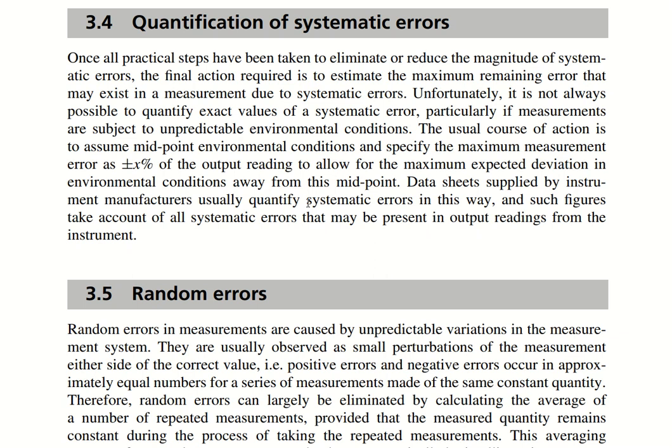So the usual course of action is to assume a midpoint environmental condition and specify the maximum measurement error as plus or minus x% of the output reading, to allow for the maximum expected deviation in the environmental conditions away from the midpoint. The data sheets supplied by instrument manufacturers usually quantify the systematic errors in this way, and such figures take account of all the systematic errors that may be present in the output readings from the instruments.